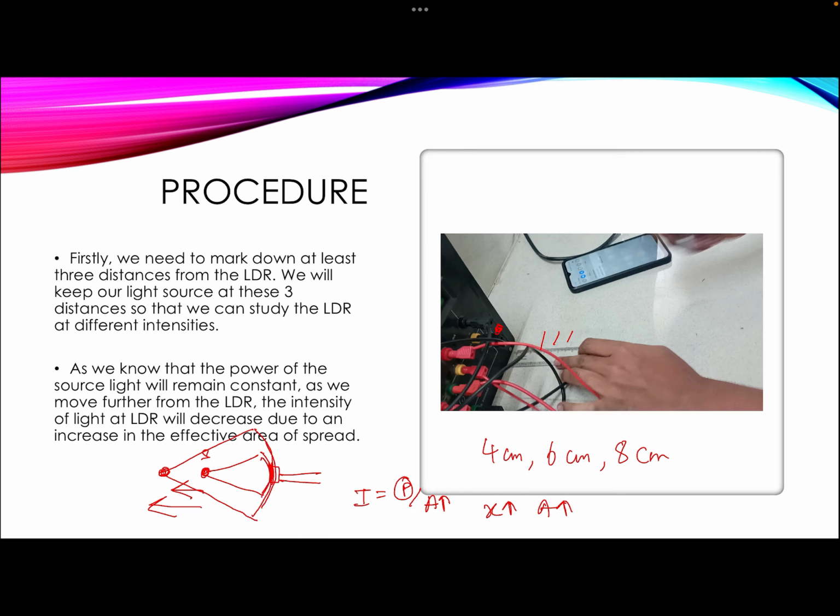So the intensity will be decreasing. So as we increase the distance, the area is increasing and the intensity is decreasing. So basically the intensity at 4 will be greater than intensity at 6, which will be greater than intensity at 8. So we will be studying the LDR characteristics at 3 different intensities.